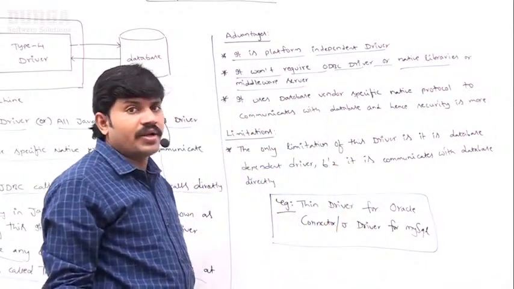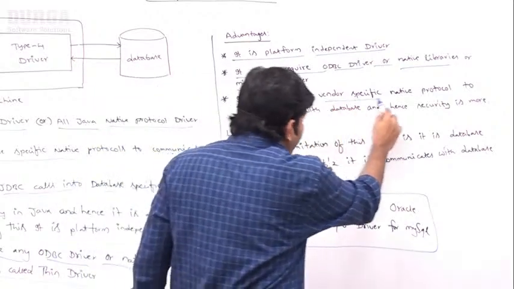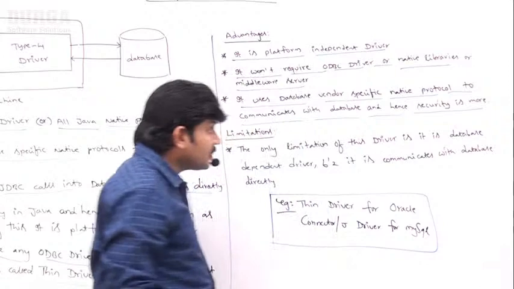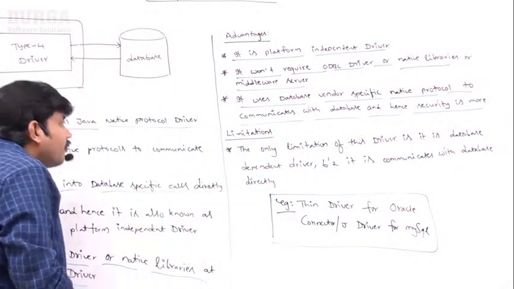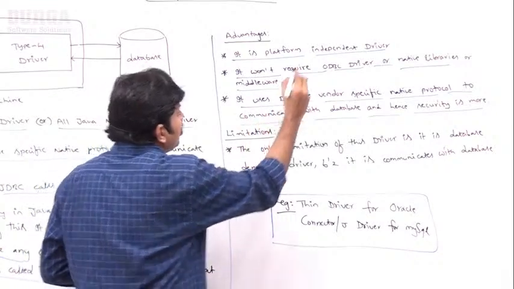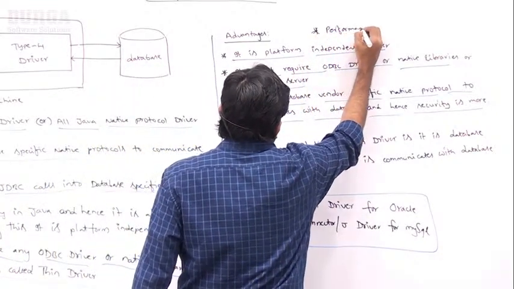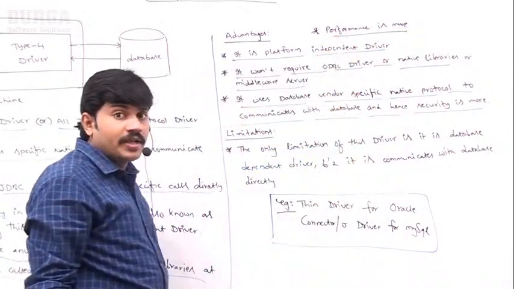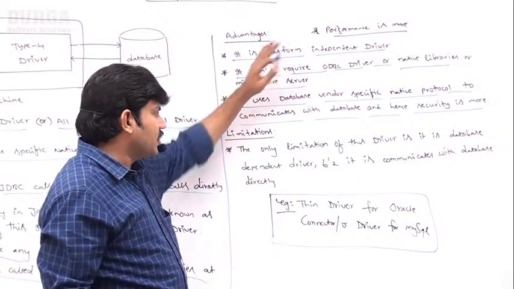It is not going to require anything, sir. Next, it uses database vendor specific native protocol to communicate with the database, and hence security is more. Next, one more advantage, performance wise, this driver is too good. Performance is more. Why? Because how many levels of conversion are required? Only one level conversion is required, right?